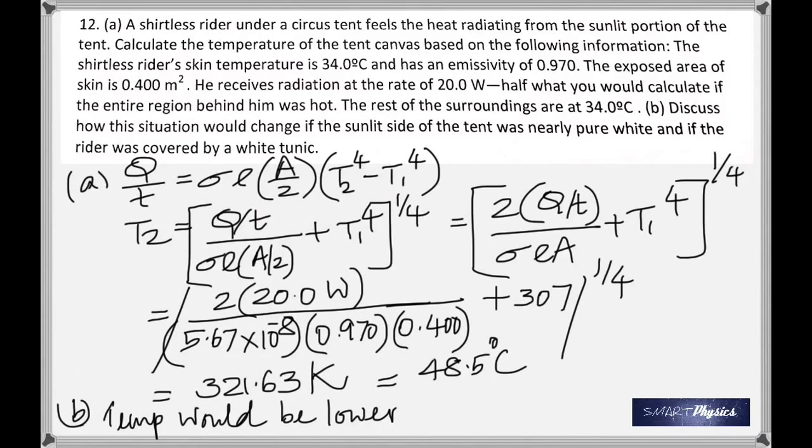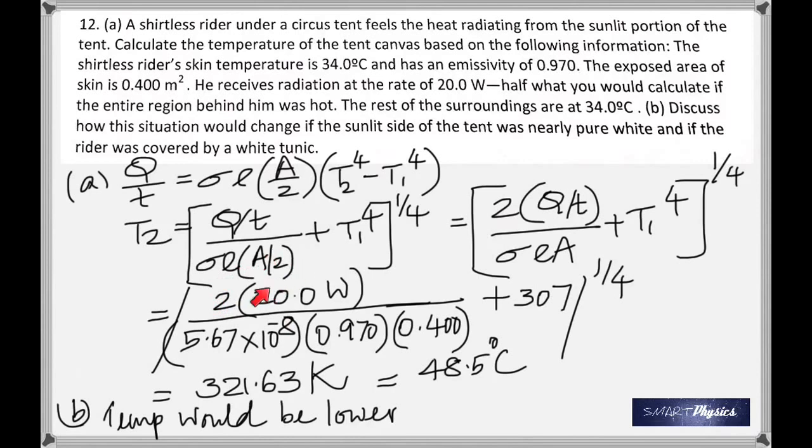And so when you substitute the numbers after rearranging for T2, which is going to be a tough job, because first you have to keep this here, take all these terms to the denominator, which you see now down here, and then you have to take this to the other side, which will make it plus T1 raised to 4. And finally, you have to take the fourth power, or 1/4 power, and when you do that, this 2 here will go to the top and become 2 times Q by T. And then you have to substitute.